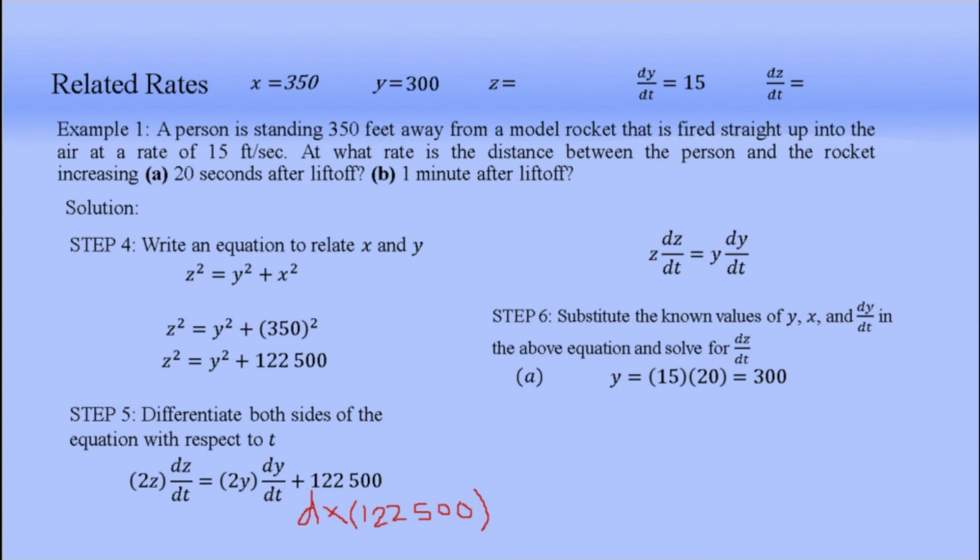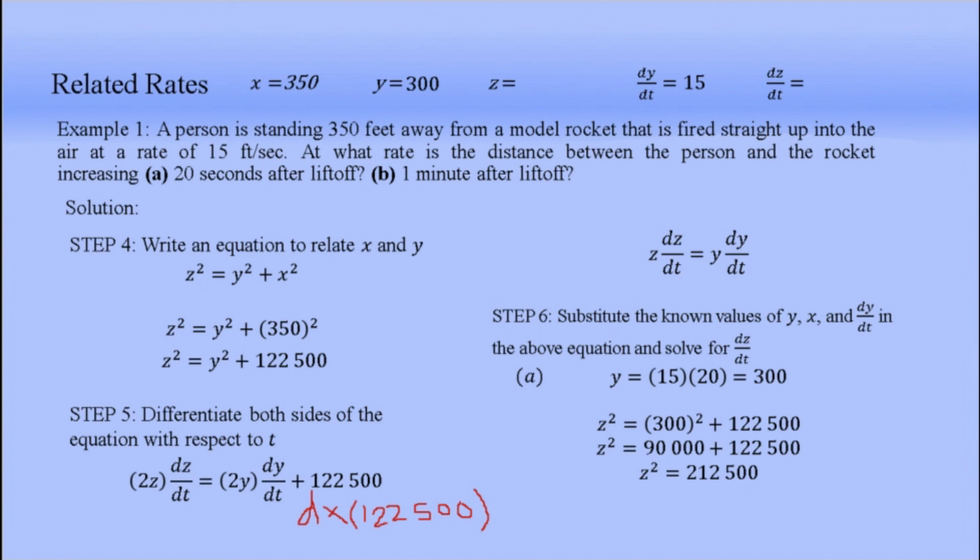And now for z, we're going to utilize this, and now that we have the value of y, which is 300, 300 squared is 90,000 plus x squared, so 350 squared is 122,500. And then we're going to add these: 90,000 plus 122,500 is 212,500.